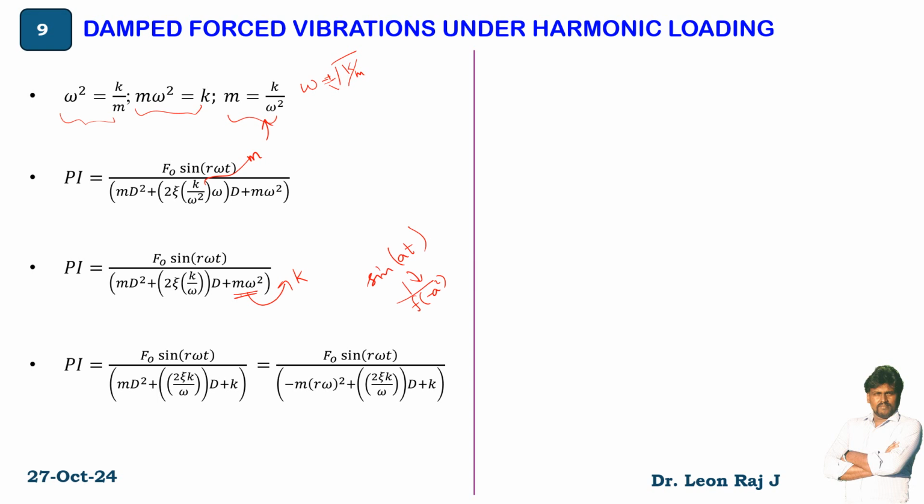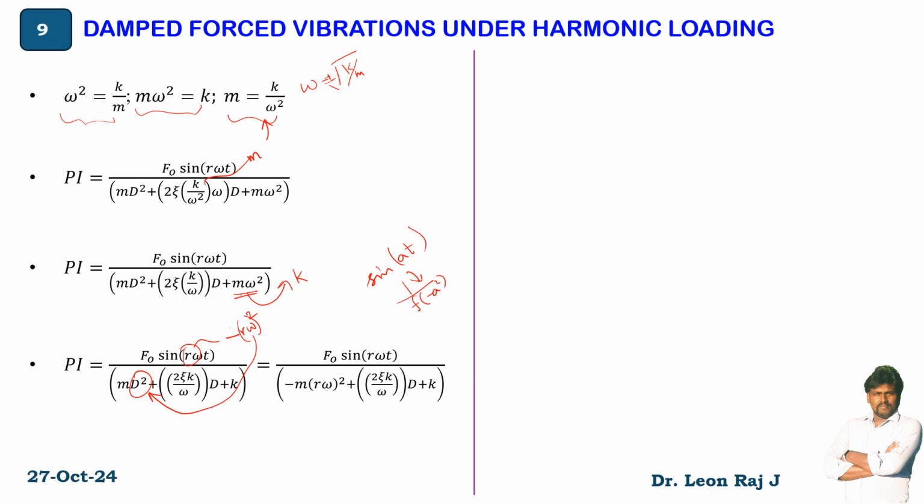So the d square term can be replaced with minus r omega whole square. This term is replaced here.